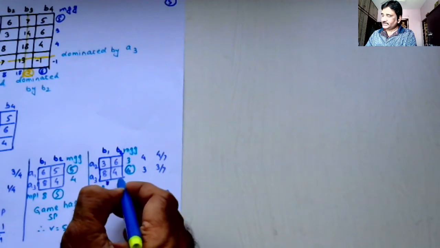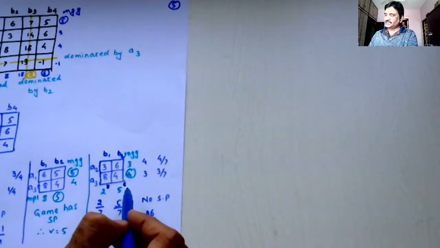Now in this column, 8 is maximum and 6 is maximum. I don't have space for writing them, so just listen to those values, as they may not be very legible. Amongst 8 and 6, 6 is minimum.